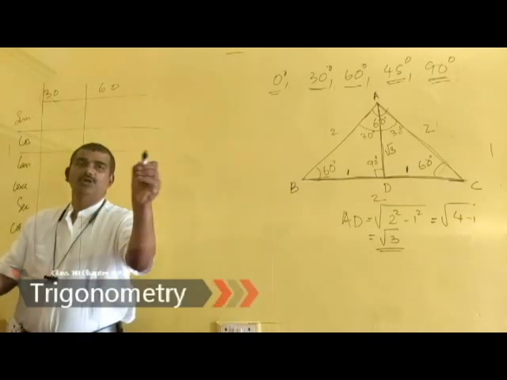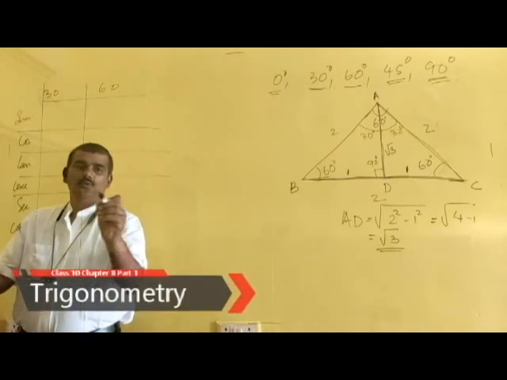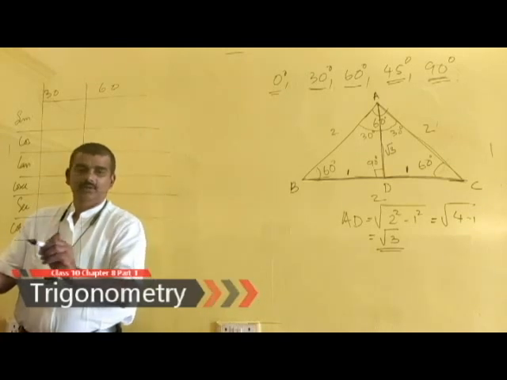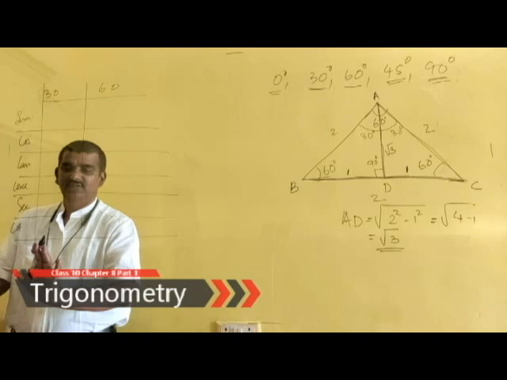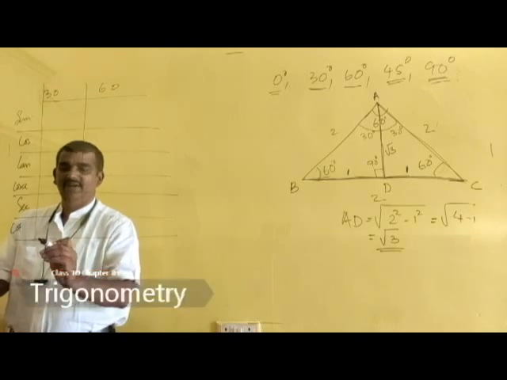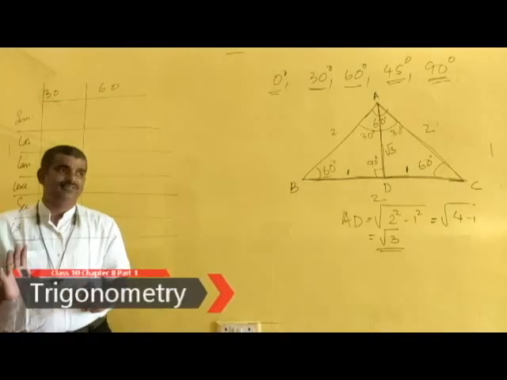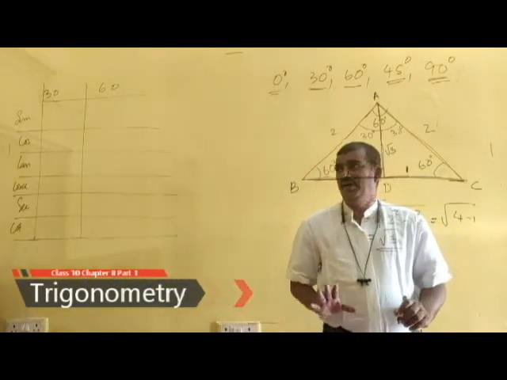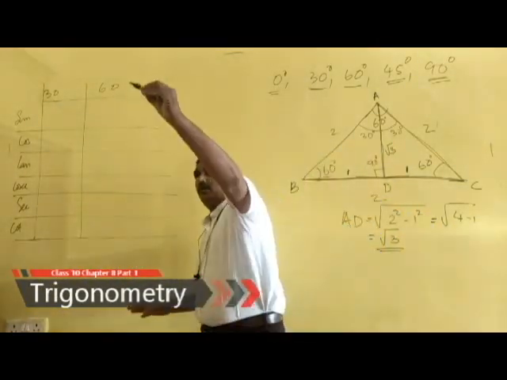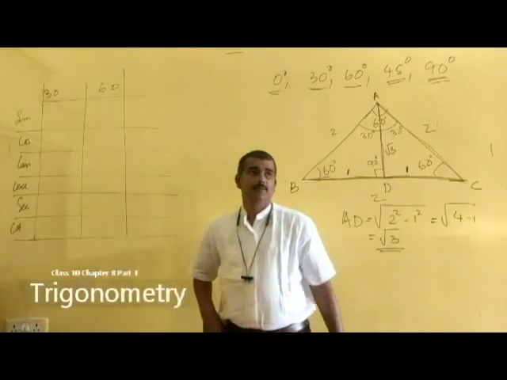This chart I am going to prepare now very easily. You can also keep this in your mind now itself. There will not be any need of revision of this one. You have to keep this picture in your mind, then you can have these values.